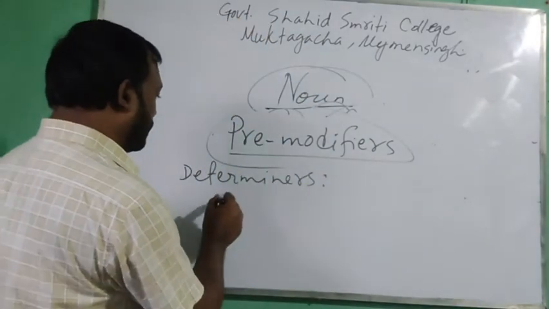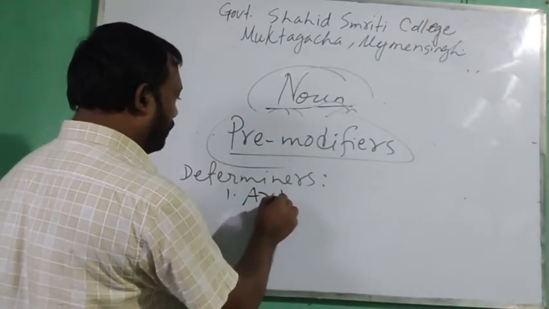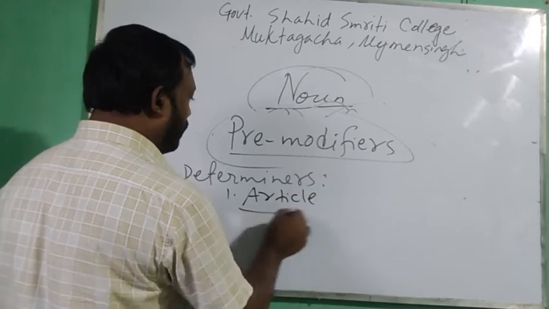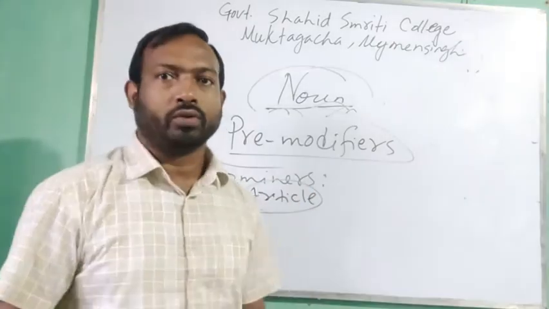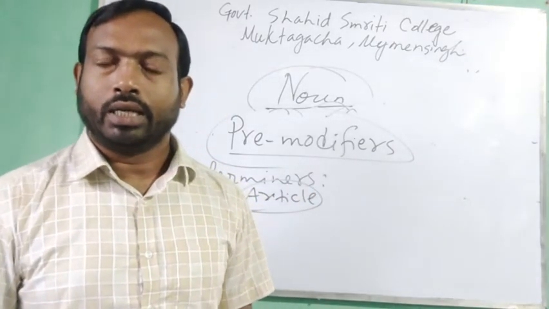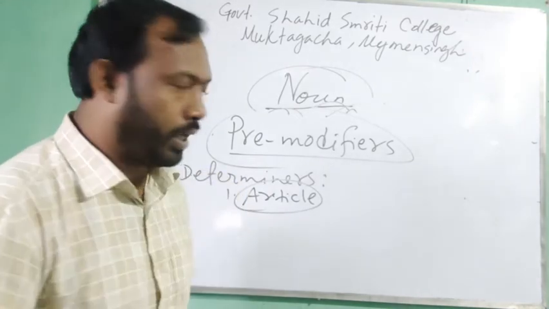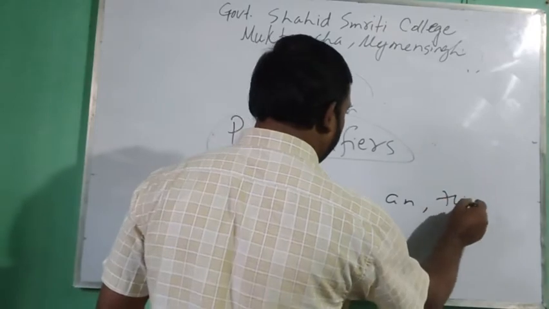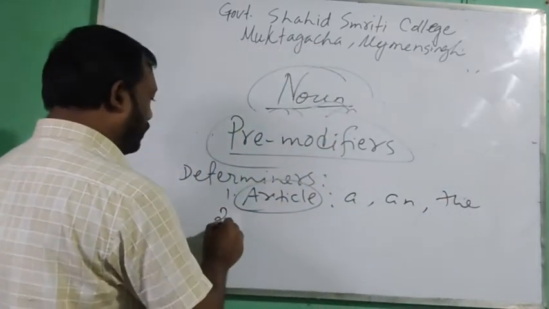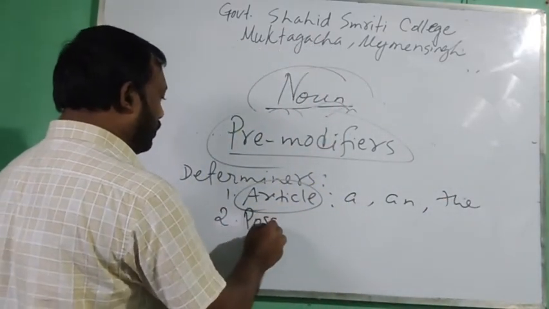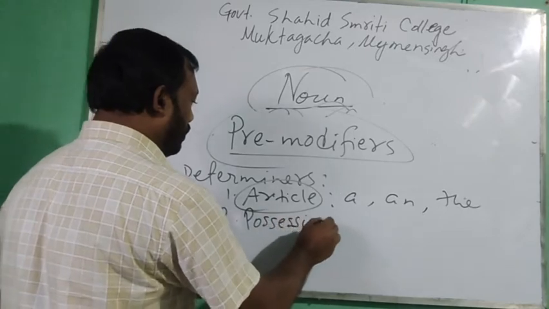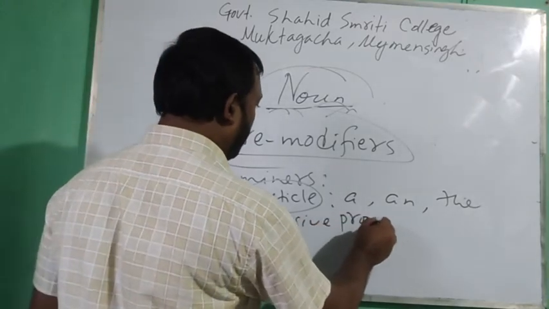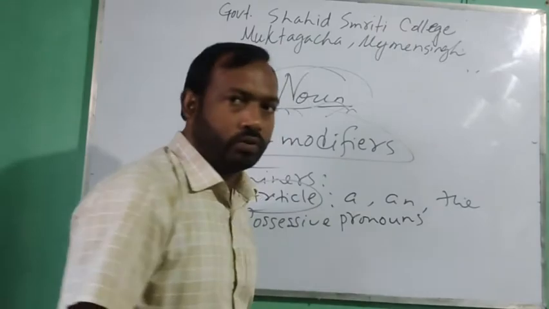These determinants are, number 1, article. We have to be very careful about the uses of article in sentences. Article A, and D. Number 2, possessive pronouns.